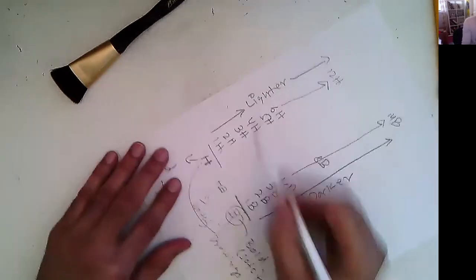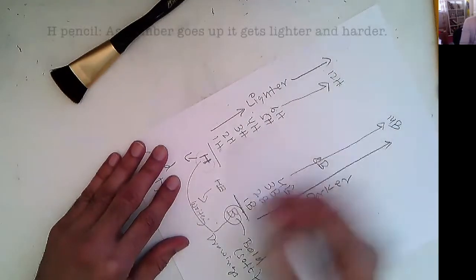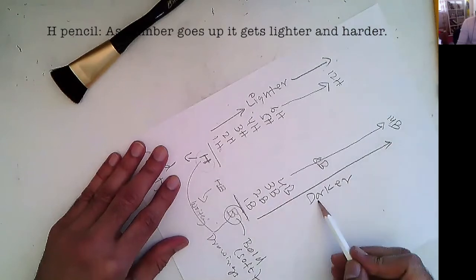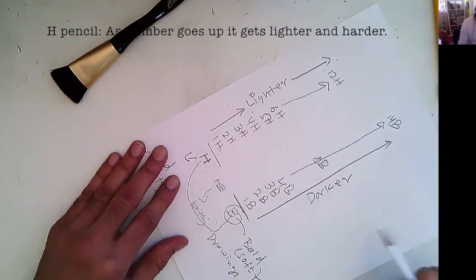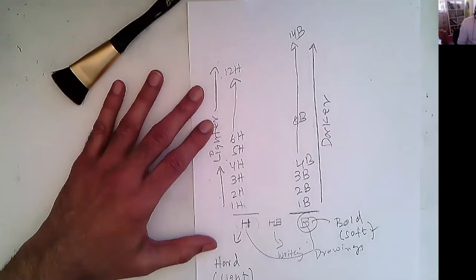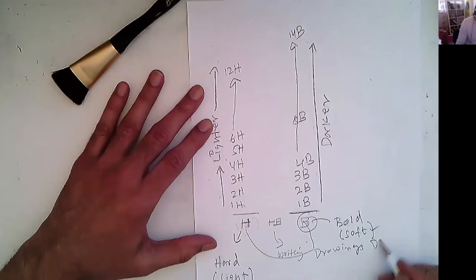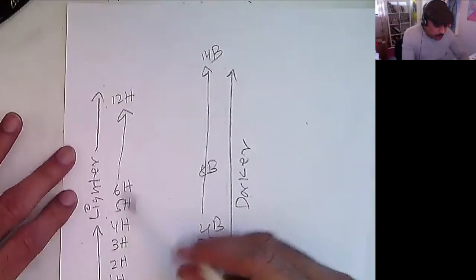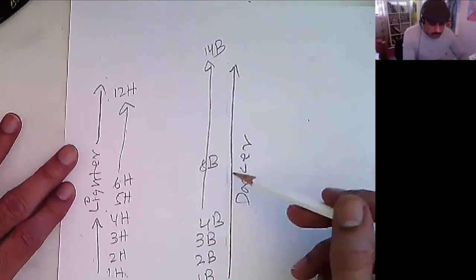In H, as the number goes up, it gets lighter. In B, as the number goes up, it gets darker. So that's all you need to remember. H are light pencils, B are soft and dark pencils.